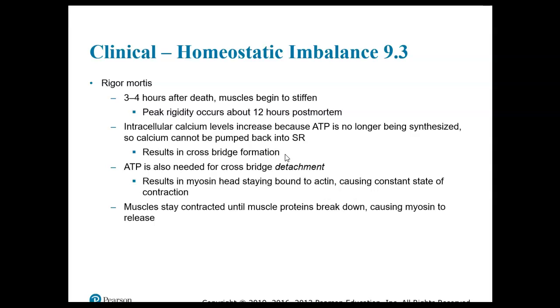But the contraction remains until the myosin detaches from the actin, and that can't happen without ATP. And a dead body is not producing ATP. So the muscles stay contracted until muscle proteins actually begin to break down and decompose. And that will cause the release of myosin from actin.